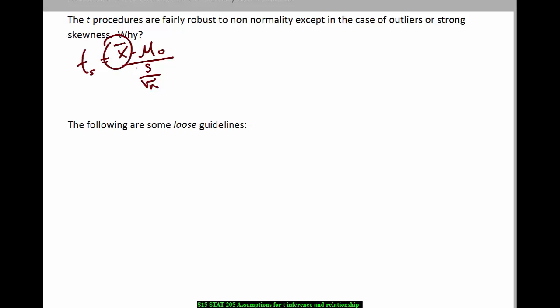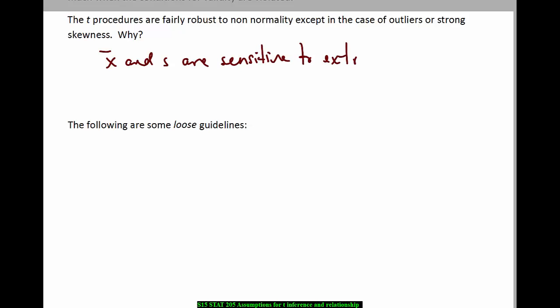This has the sample mean and s in it, and both of those are extremely sensitive to outliers or extreme observations. So x bar and s are sensitive to extreme observations, and if those are sensitive to extreme observations, so will the calculation of the test statistic.